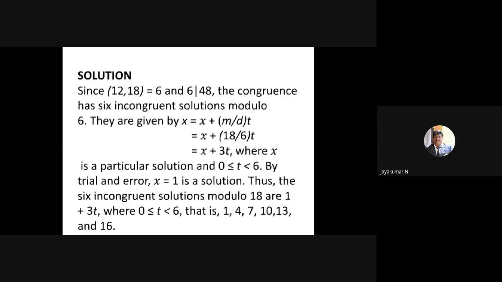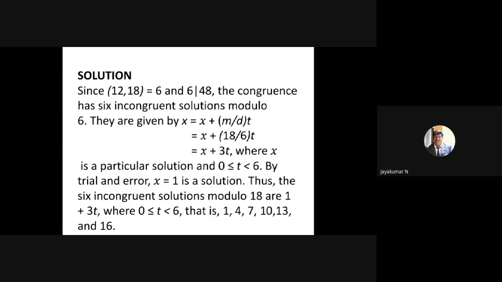When we put t equal to 1, 3 into 1 is 3, 3 plus 1, x equal to 4. Then put t equal to 2, 2 into 3 is 6, 6 plus 1 is 7. Then put t equal to 3, 3 into 3 is 9, 9 plus 1 is 10.